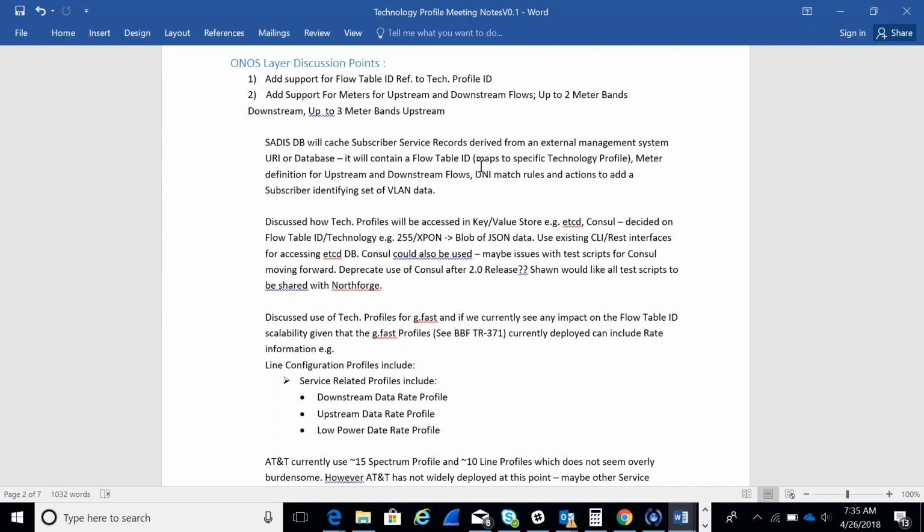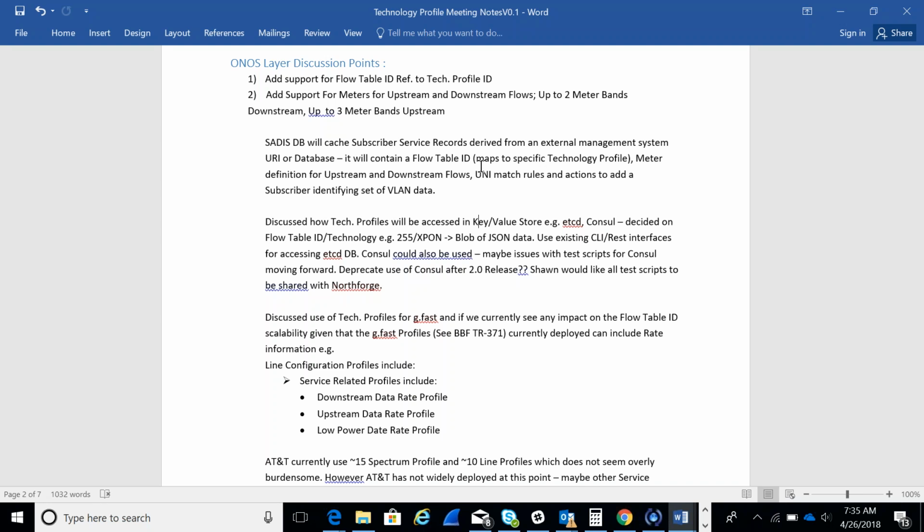The adapter takes the OpenFlow information and the technology profile reference and generates the technology specific configuration. The idea is that we use the existing etcd or Consul database to create entries in that key value store. Each entry would represent a flow table ID technology entry with a blob of JSON data.